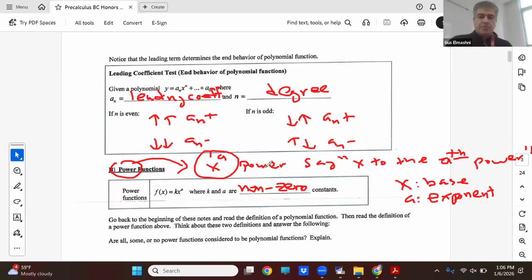Now, are all, some, or no power functions considered to be polynomial functions? It depends. To be a polynomial function, A has to be a whole number.